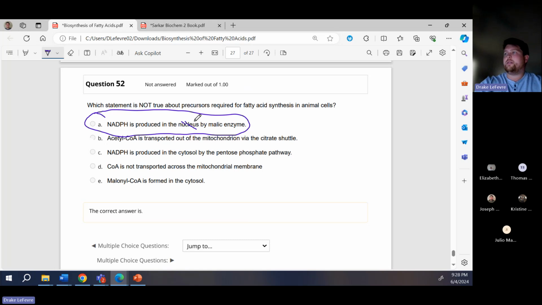It's produced in the cytosol with the pentose phosphate pathway. Remember, the purpose of the pentose phosphate pathway is also to make ribose, and if we need to make DNA, the ribose goes into the nucleus. But NADPH is not produced in the nucleus.